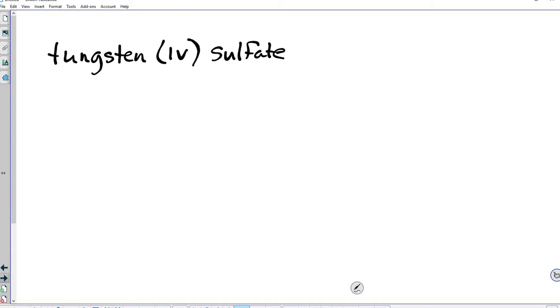What is the symbol for tungsten? W. Okay. What does the Roman numeral IV mean? 4. What does that tell me? It's the charge on tungsten. Good. And sulfate. What is sulfate? SO4. And what charge does it have? 2 negative. And I got to get that off the back of my periodic table.